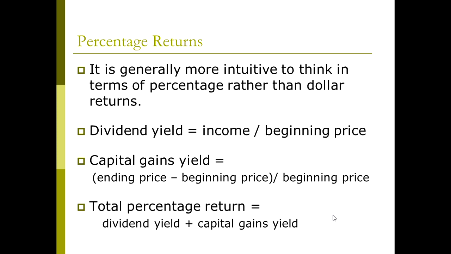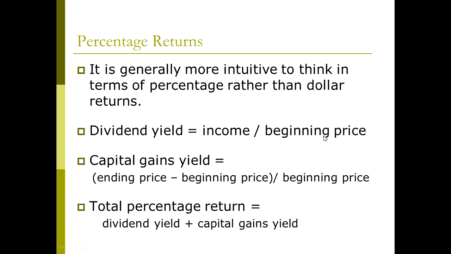Sometimes it's more intuitive to talk about percentage returns rather than dollar returns. So what is the total percentage return? We can decompose the percentage return into 2 parts, dividend yield and capital gain yields. The dividend yield will be your income divided by your beginning price.